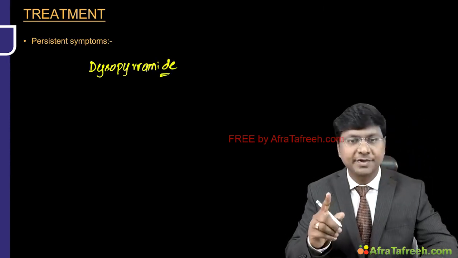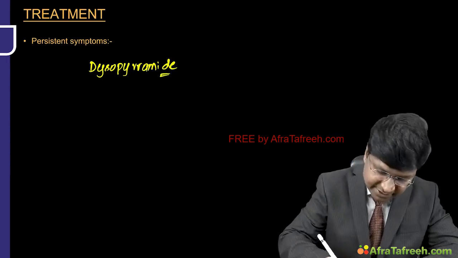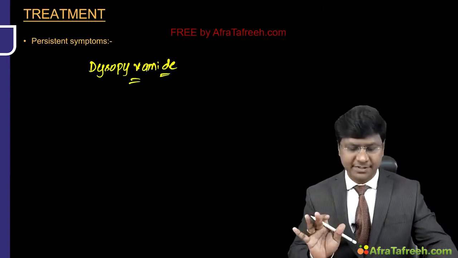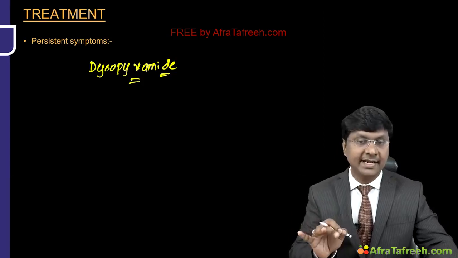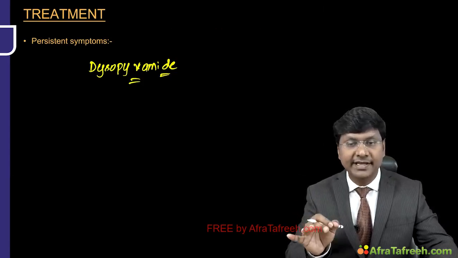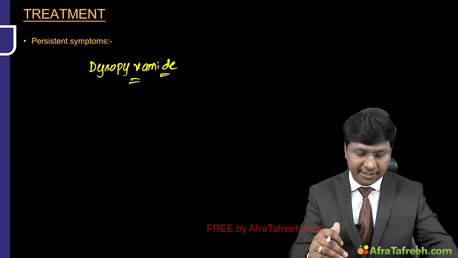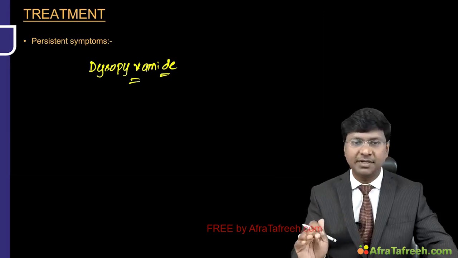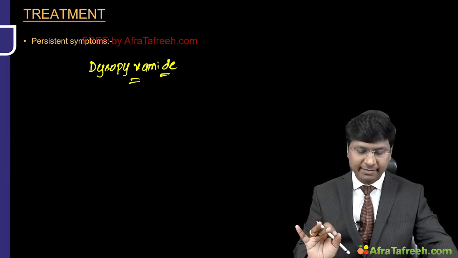It is an anti-arrhythmic drug with potent negative inotropic property. So contractility will be reduced by giving disopyramide, and thereby the obstruction can be reduced. So this is about the medical management.